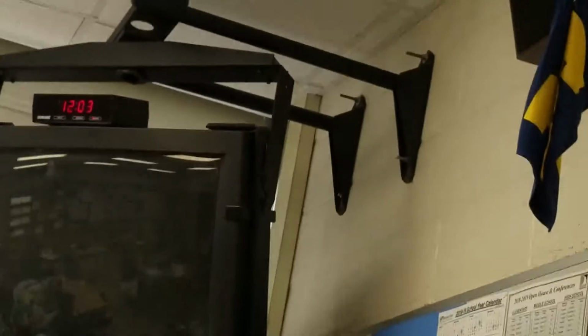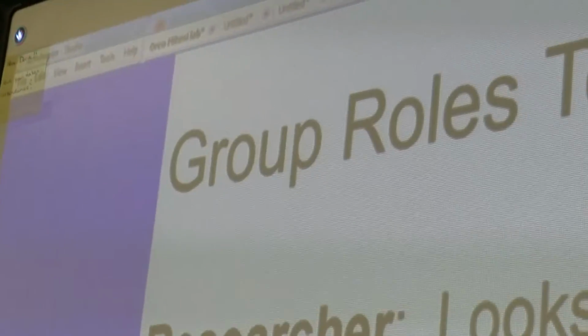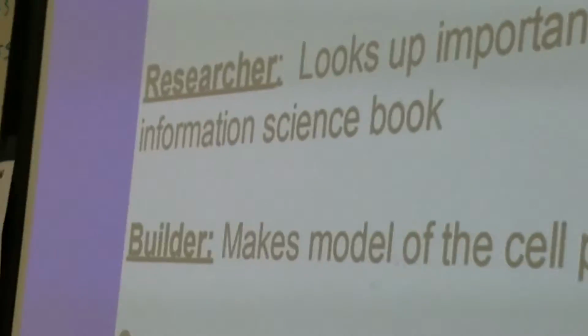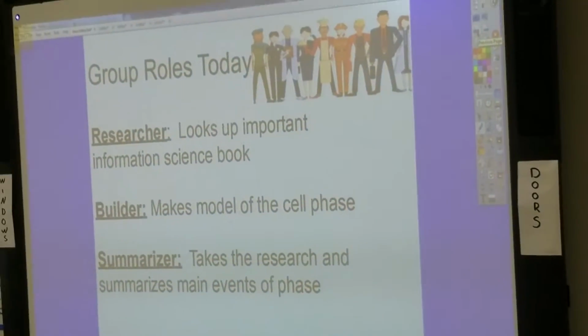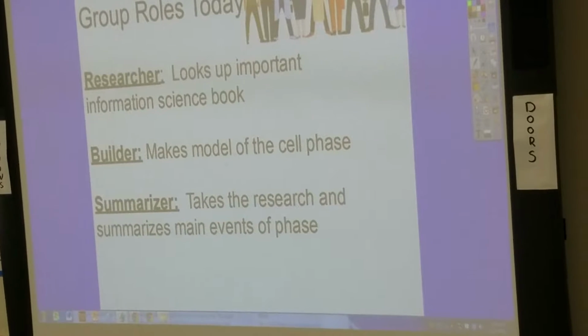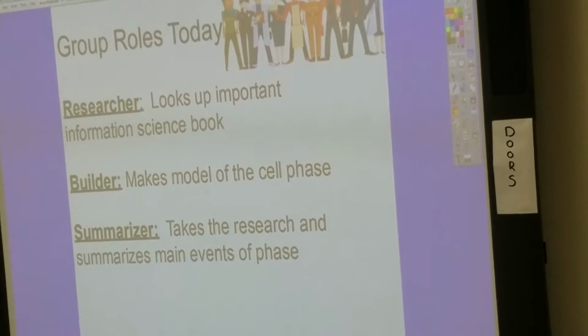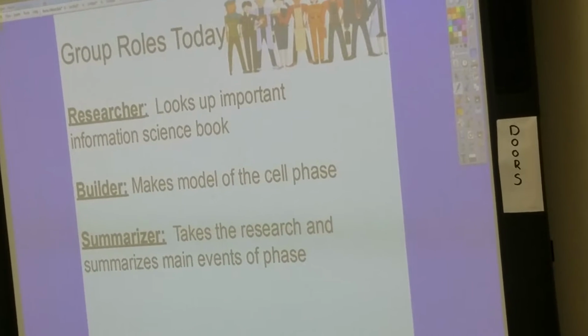So there's 3 in a group. And today we're going to have different roles, and we're going to switch those roles up. So we're going to have a researcher. The researcher is going to look up important information from your science book on page 44 and 45 for each of those phases.